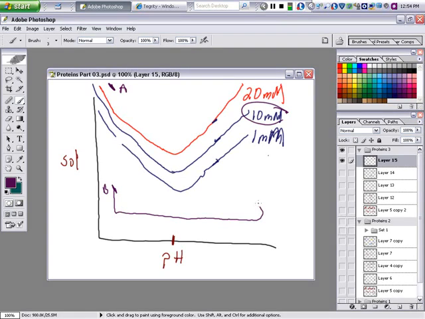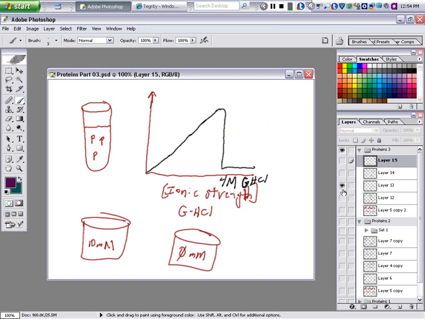Okay. Let's go back. Now what's going to happen? Here, this graph shows ionic strength. As you increase the ionic strength, or as you add more and more salt, the protein is going to dissolve more and more.